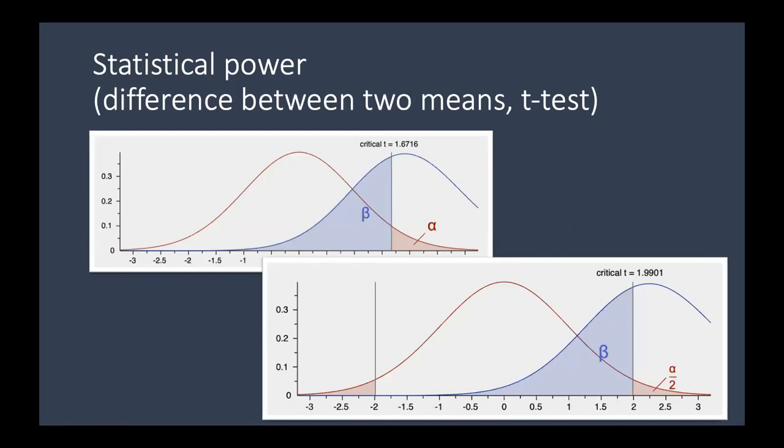The alpha is 0.05 here, and when it's two-tailed, which means that the difference can be on either side of the null hypothesis distribution, you have to divide the alpha by 2. So now the critical t-value becomes higher, because alpha divided by 2 is more extreme than alpha itself.